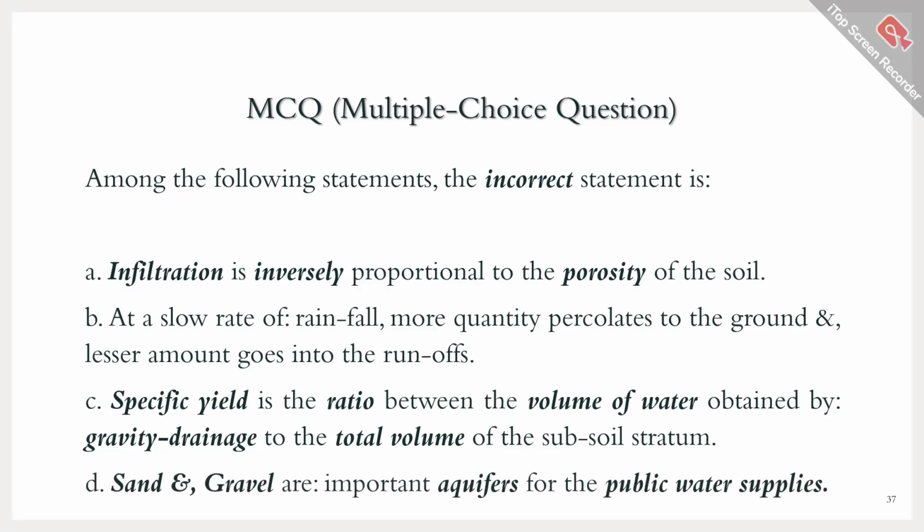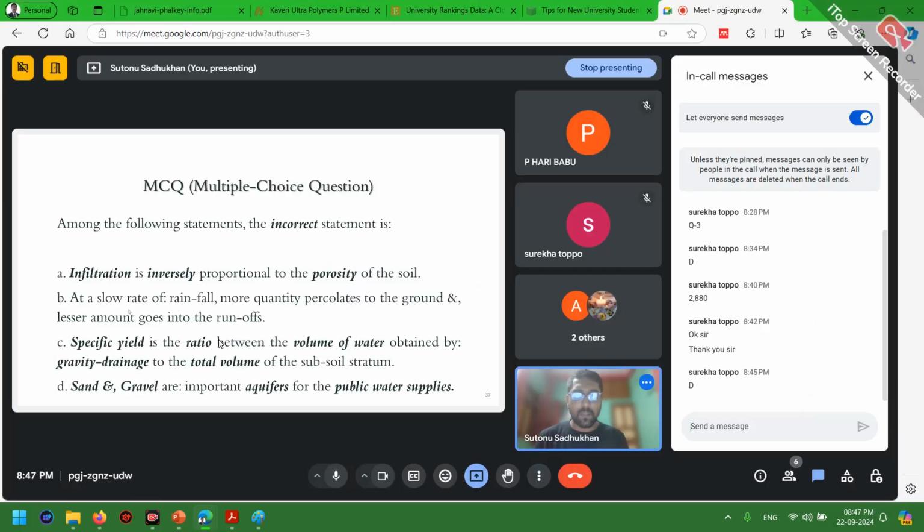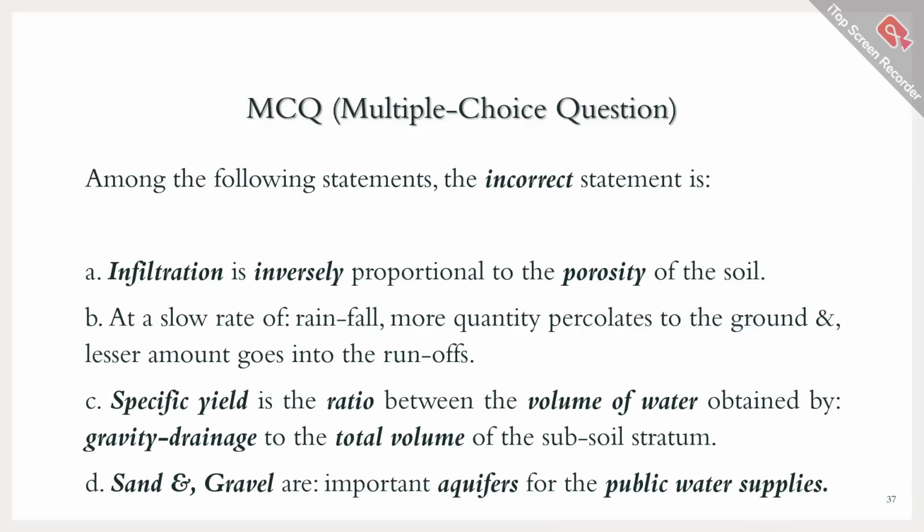And option D, sand and gravel are important aquifers for public water supplies. You have to identify the incorrect statement. So let's look at option B. At a slow rate of rainfall, more quantity percolates to the ground and a lesser amount goes into the runoff. That is what he is saying.